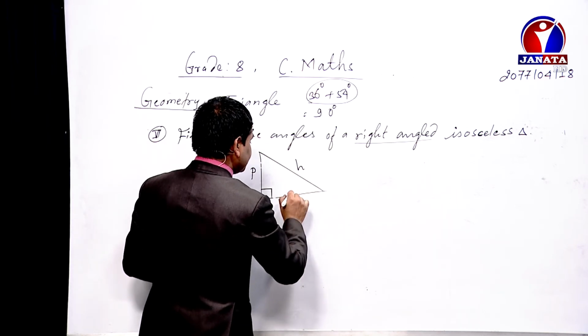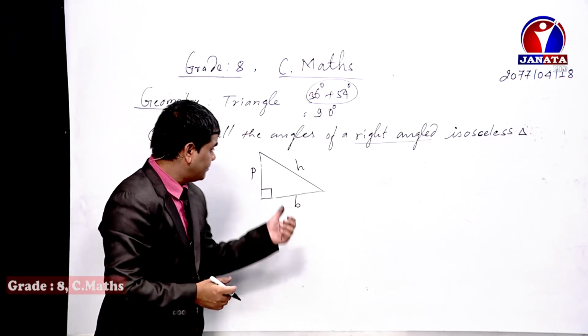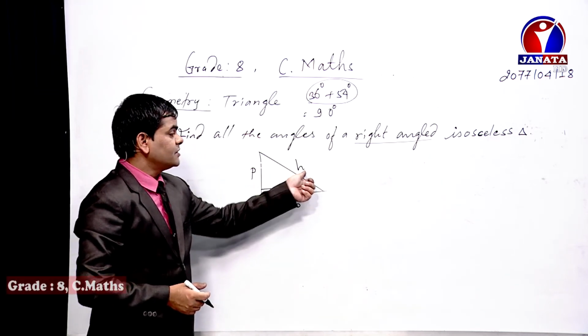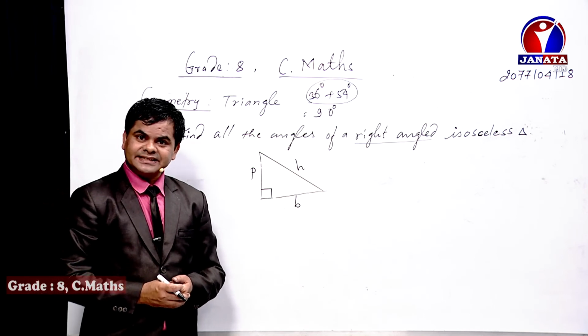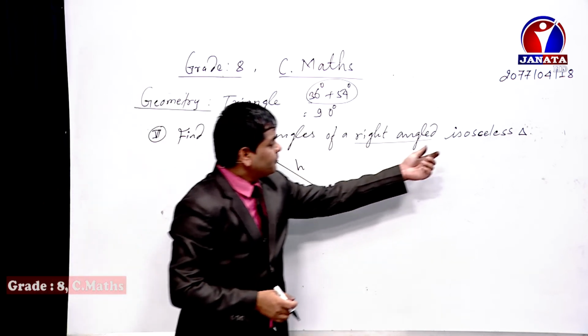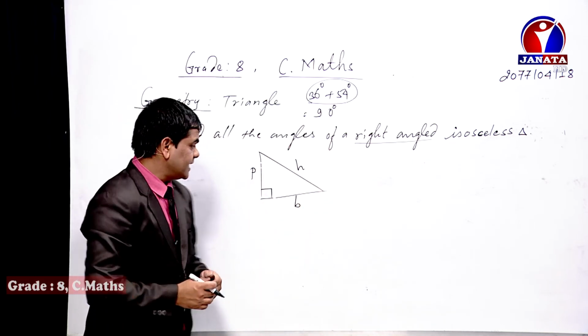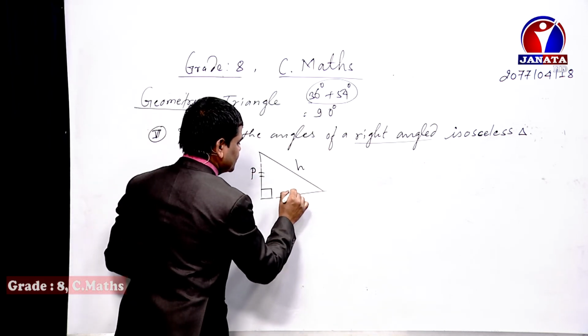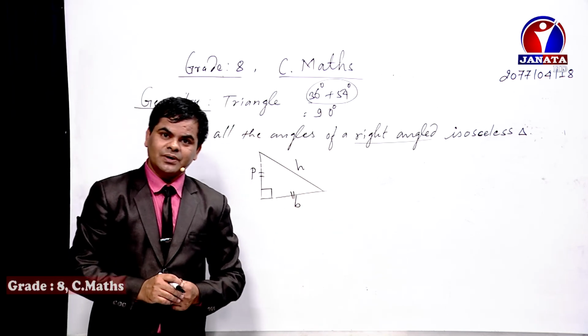In a right angle triangle, I had told in the bygone day also, hypotenuse never becomes equal to perpendicular and base. So if we have to make this right angle triangle isosceles, we need to make the perpendicular and base equal to each other.